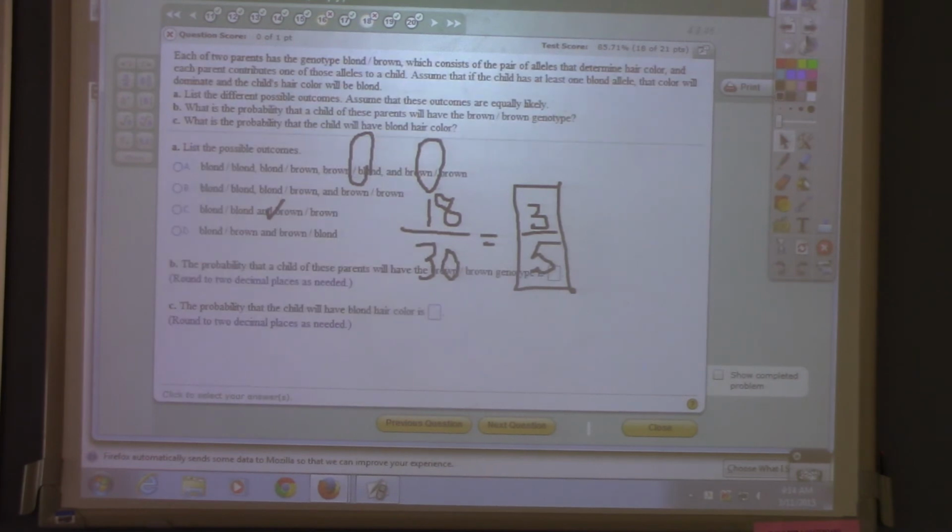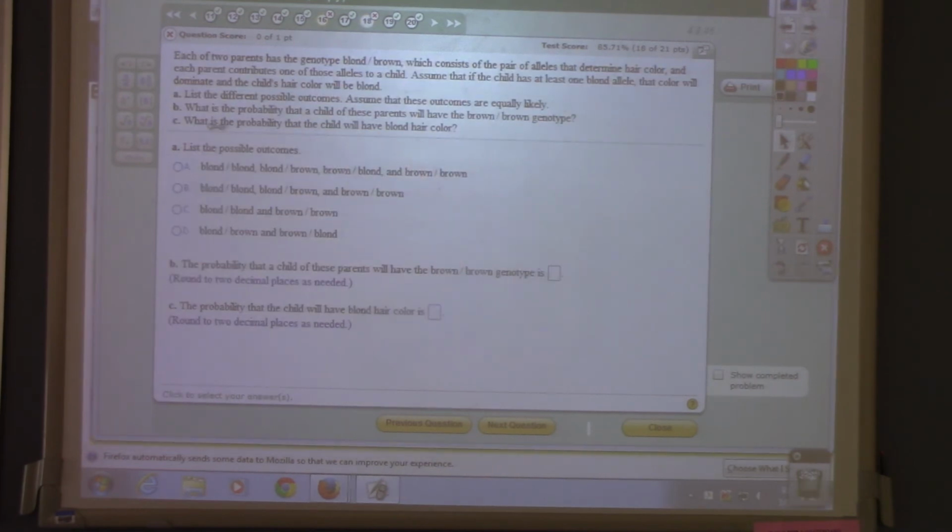Okay, whatever. All right, it says, list the different possible outcomes, assume that these are the possible outcomes. Well, to me, it's blonde-blonde, blonde-brown, and brown-brown. But you could, right? No. I would say it should be A. All four. Yeah. So you need blonde-blonde, blonde-brown, brown-brown, and you can have brown-blonde too.